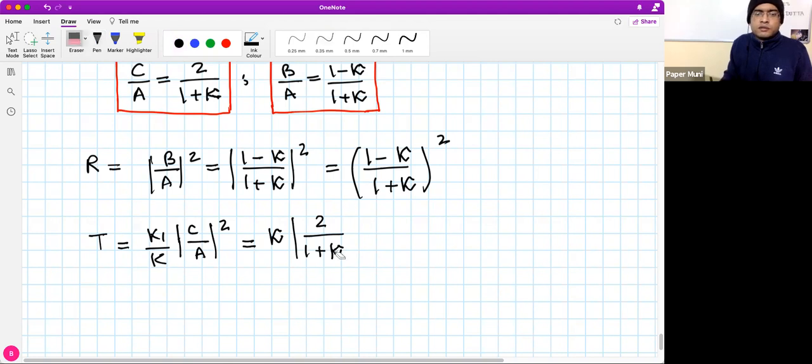Whole square is equal to 4 kappa by 1 plus kappa whole square.